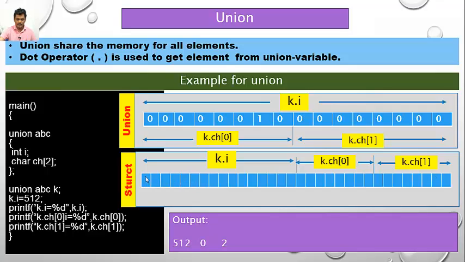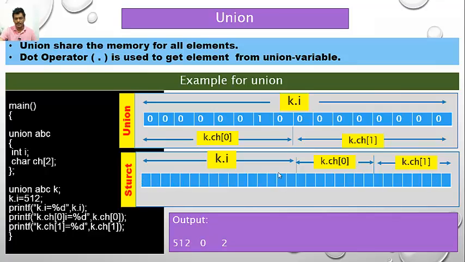The 4 bytes has 4 into 8 bits, so this diagram represents the bits for 4 bytes. 4 into 8 is 32 bits. If we declare it as a structure, it requires 4 bytes, and this diagram shows it in bit format, displaying 32 bits.